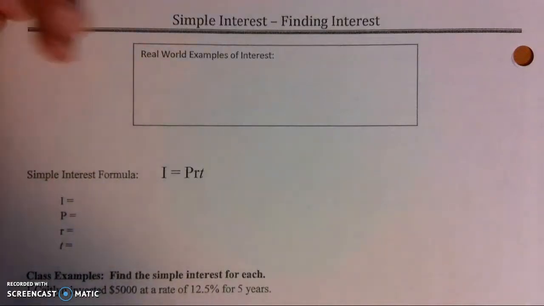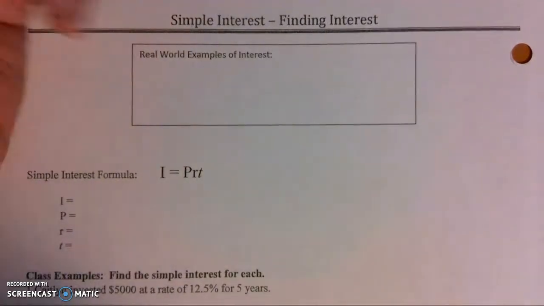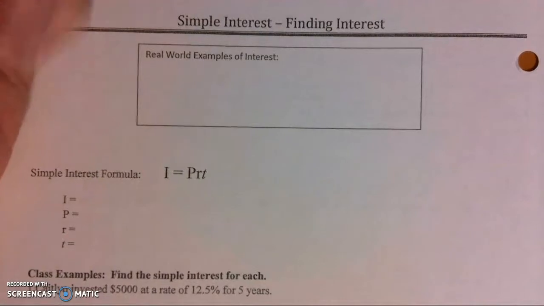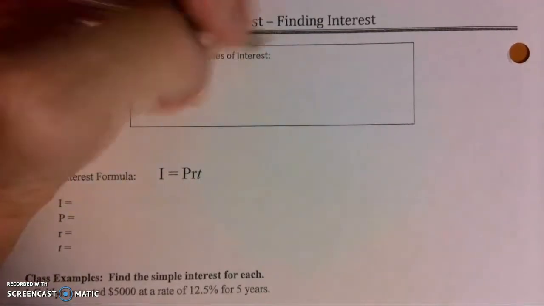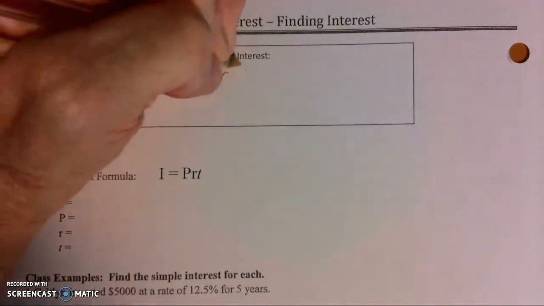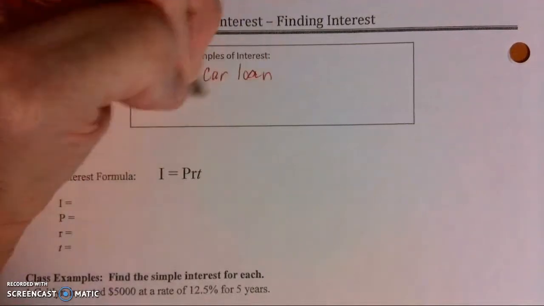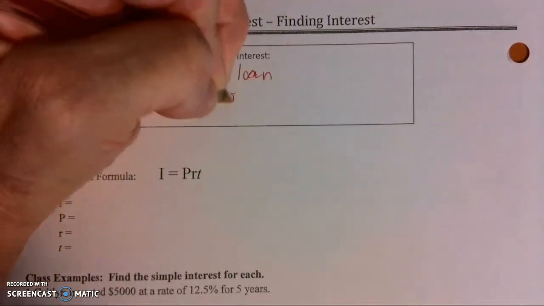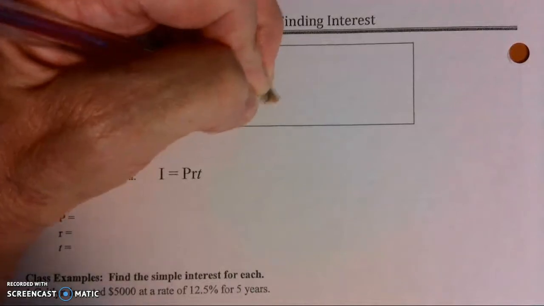So the first thing we're going to look at are some real world examples of interest. Anytime you borrow money, so let's say you're going to buy a car, so a car loan, when you get old enough to buy a house, a house loan.